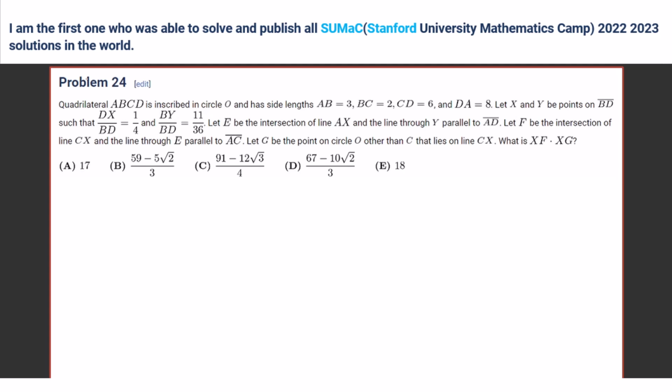Okay, quadrilateral ABCD is inscribed in circle O and has side lengths AB = 3, and the others 2, 6, 8.